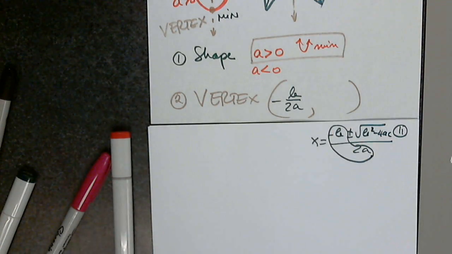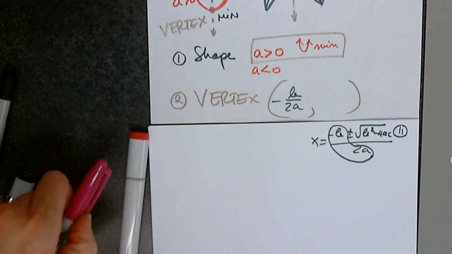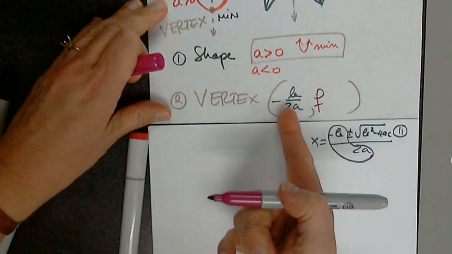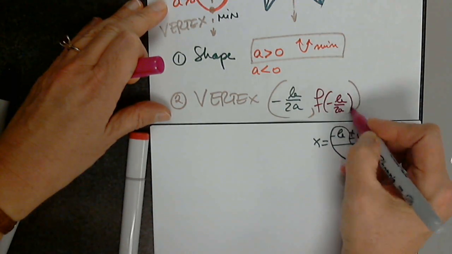How do I determine the y coordinate for any function if I have x? If I'm giving you a function, I say x is 5. Find y. What will you do with 5? Exactly, plug it in. Of course. So this is f of negative b over 2a.